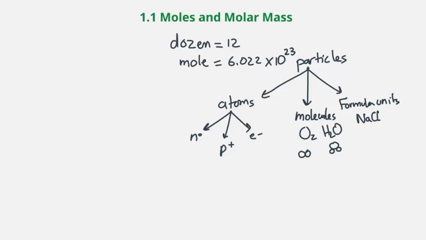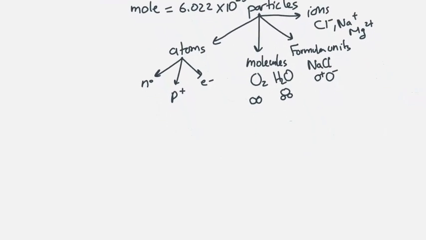Every two ions here are combined together. An ion is a charged particle. So it could be a formula unit, and it could be ions alone, like Cl minus, like Na plus, like Mg2 plus, etc. As an example, I can take 1 mole of carbon atoms.